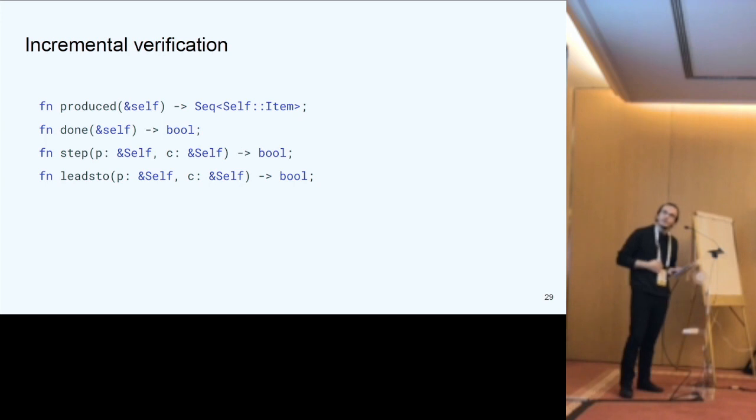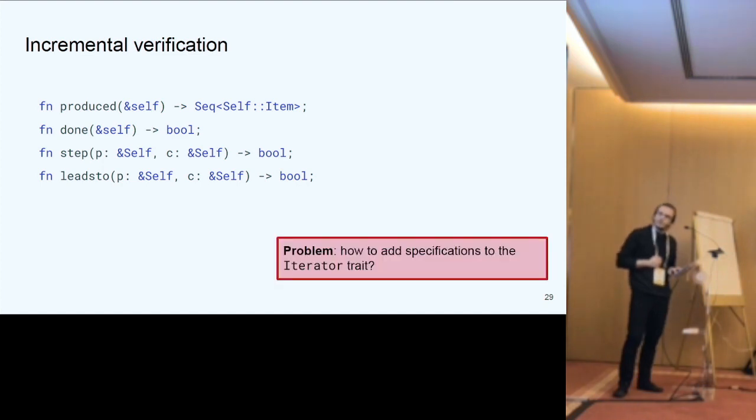And if we just made these iterator methodology ingredients part of the iterator trait, well, this would be a bit of a problem, because you can implement your own iterators, and now suddenly your code base doesn't verify because you don't have definitions for these ingredients. And so the problem is basically how to add the specifications to the iterator trait without forcing the code base to replace all usages of iterator with our own trait or something like this.